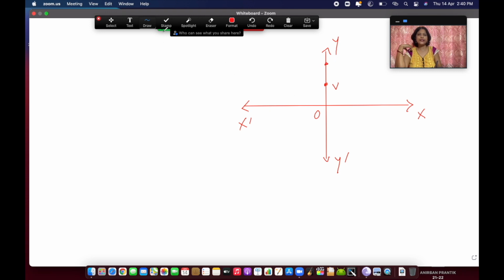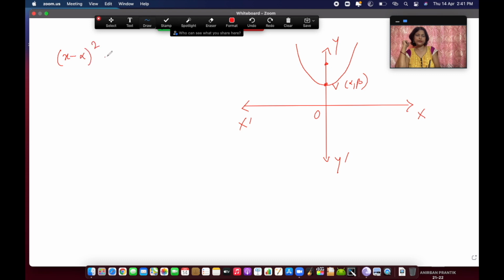So in that case, the curve will be like this. So the parabola will look like this. In this case, you can see the vertex is not the origin but any other point, suppose alpha comma beta.